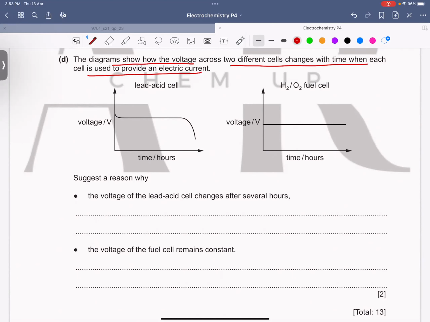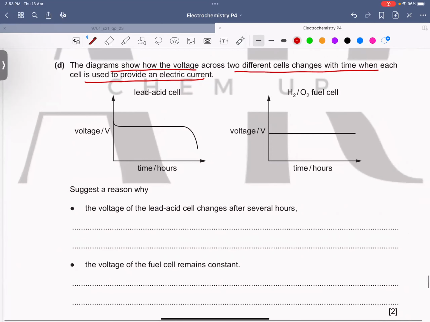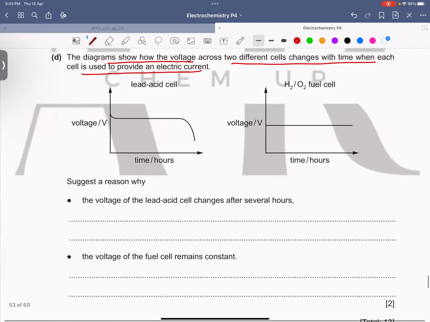It's very easy and nothing to do with the chemistry over here. What is written over here?